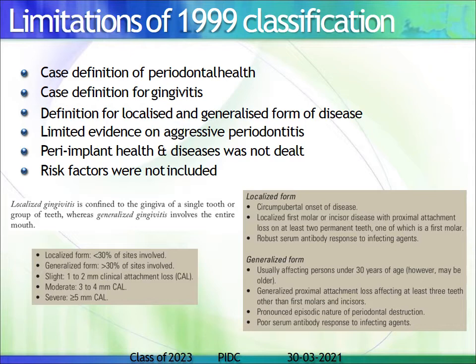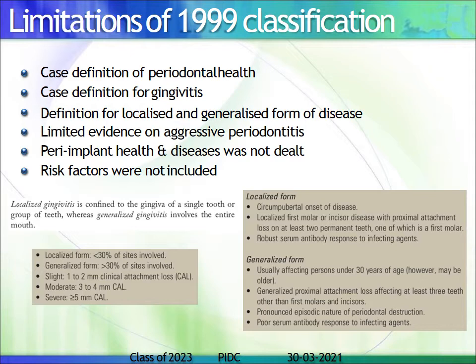They didn't have proper evidence. Peri-implant health and diseases were not dealt with in the previous classification. Risk factors were not included as a major criterion for diagnosing or classifying the disease. Because of all this, the 99 classification was considered, not as a failure, but a little lower than the present classification.